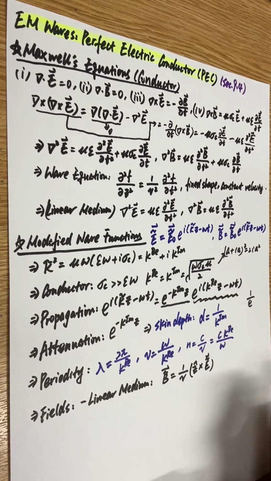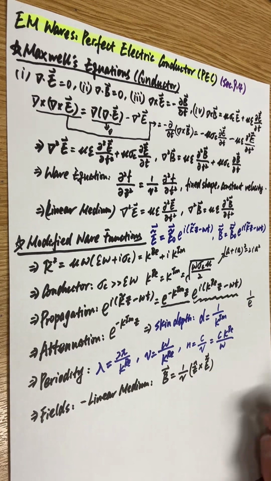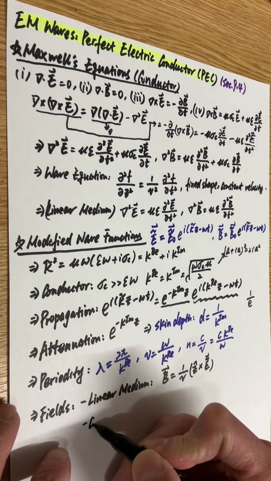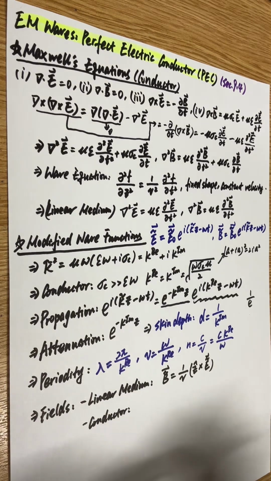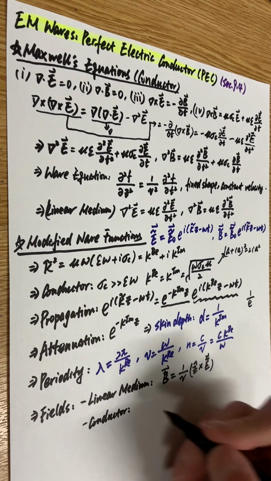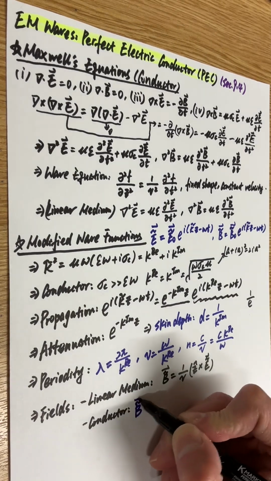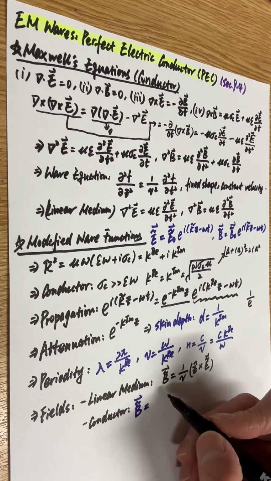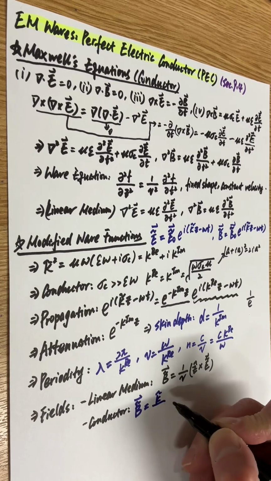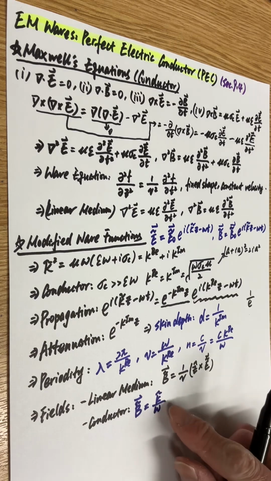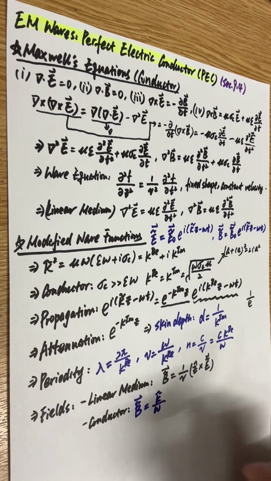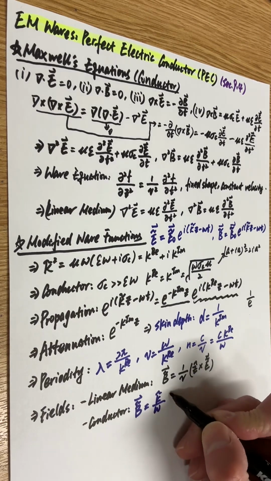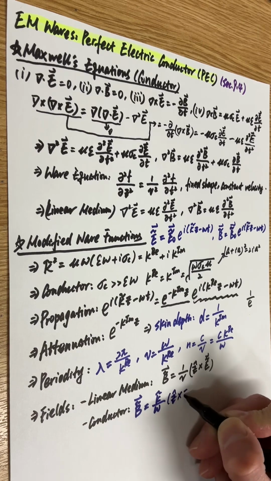We practice this quite a lot, so hope this has become common sense to you now. And now for a conductor, we would have the B field equals complex kappa divided by omega. Originally omega divided by kappa just gives us the velocity, but now we have the complex kappa, and then we have the propagation direction cross E.